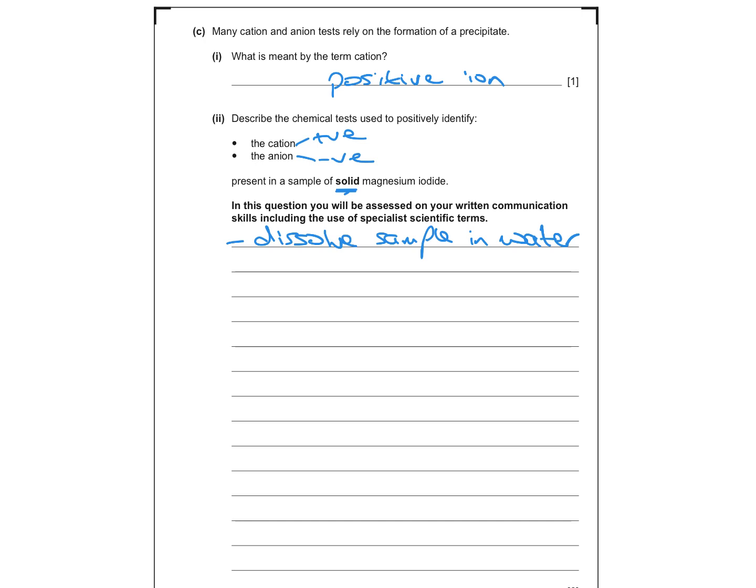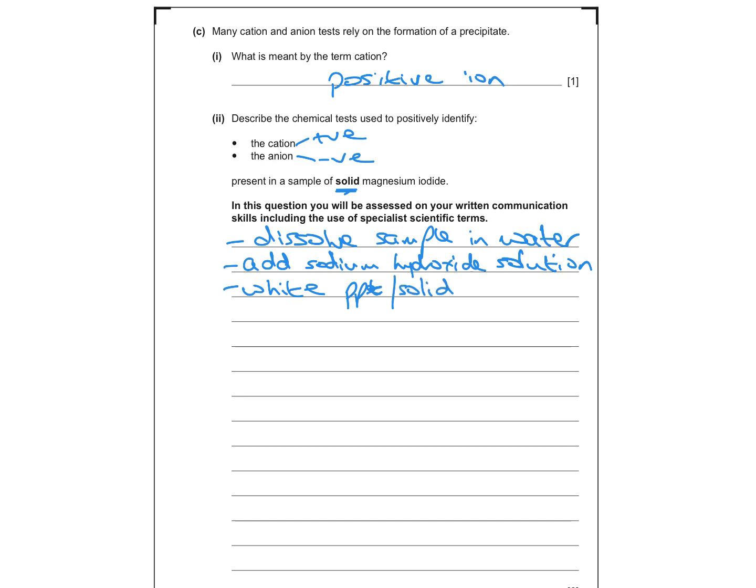Now to identify a magnesium ion, we can add sodium hydroxide solution. It's important that you put in solution. And this will form a white precipitate. Or you could say solid.